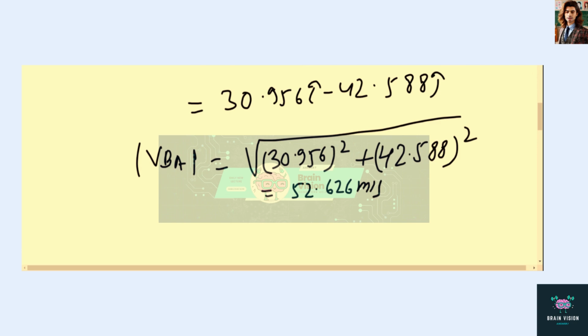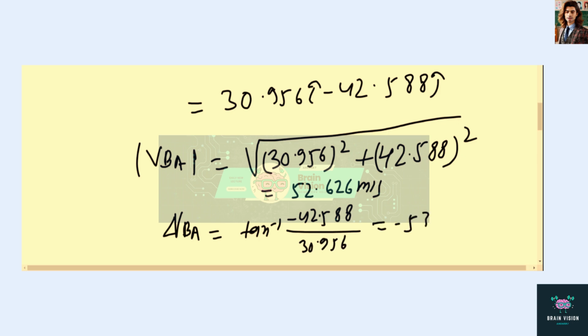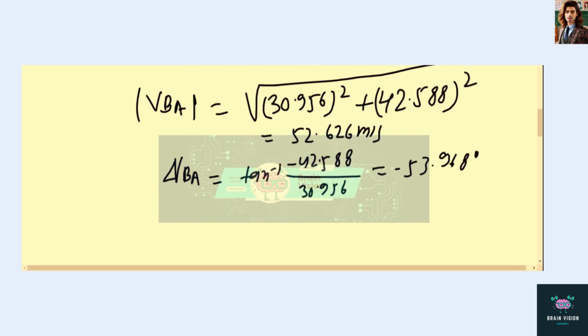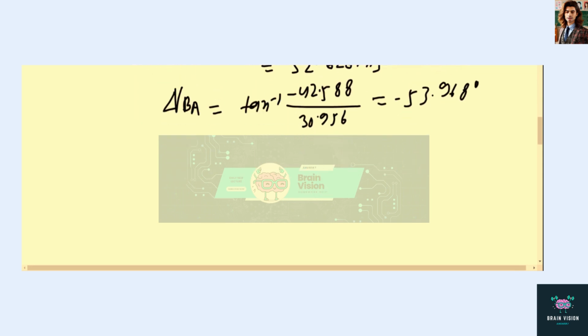Then we have to calculate the angle of VBA, which is tan inverse of the y component upon the x component, minus 42.588 upon 30.956. So this becomes approximately minus 53.968 degrees. This is the full information about the first part of this question.